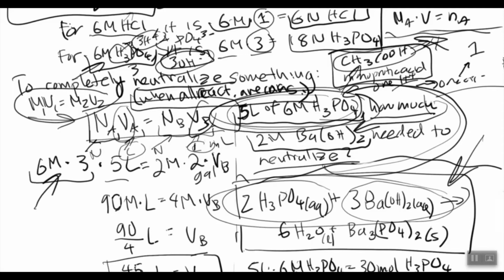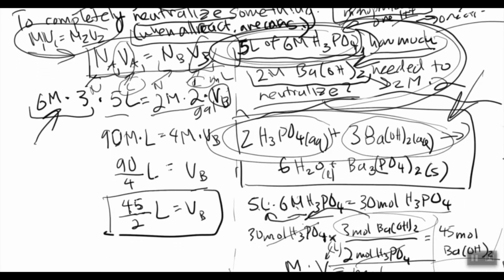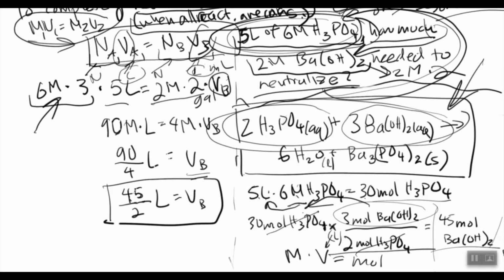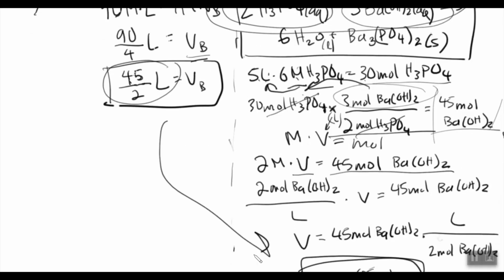The normality of the base is the molarity of the base times the number of equivalences. So the molarity is 2 molar, and the number of equivalences is 2, so 2 molar times 2. We don't know how much volume there is, so we have to solve for that. Doing some math, we get that VB is equal to 45 over 2 liters, the same as the answer we got down here.